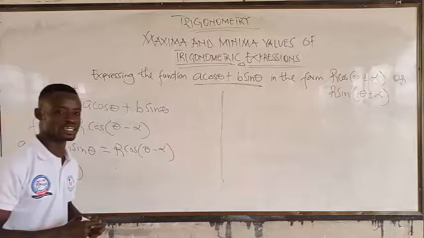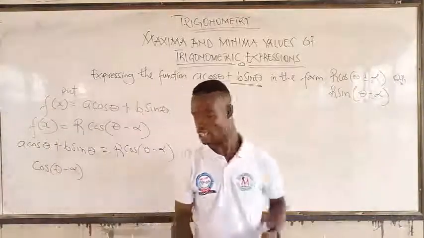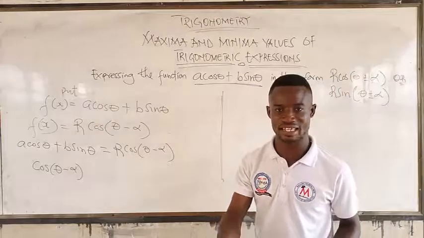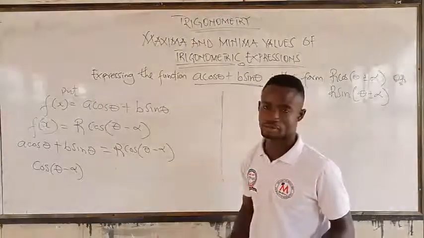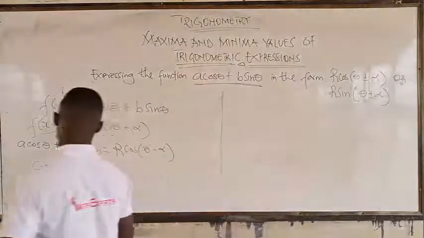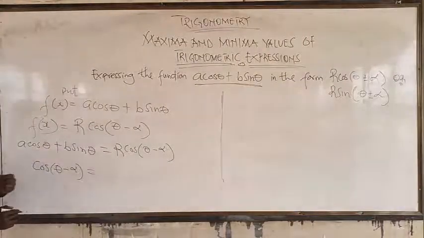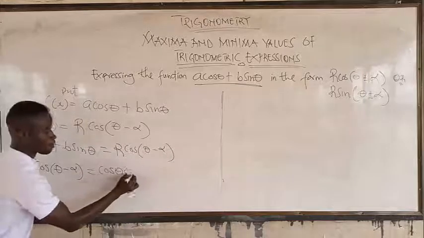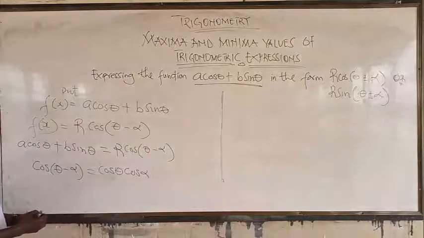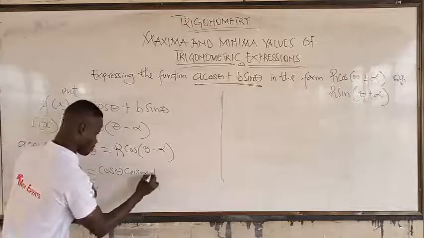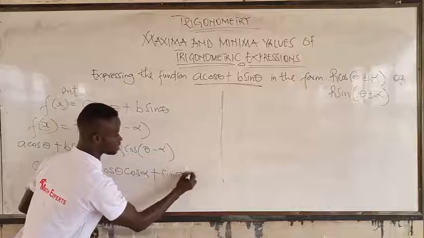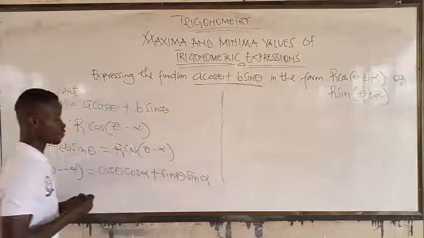Very good. Now, having r cos theta minus alpha, we know that here the cos theta minus alpha is in a certain form that we are familiar with, and that is cos a minus b. Alright, so we can get this expression from cos theta cos alpha plus sin theta sin alpha.